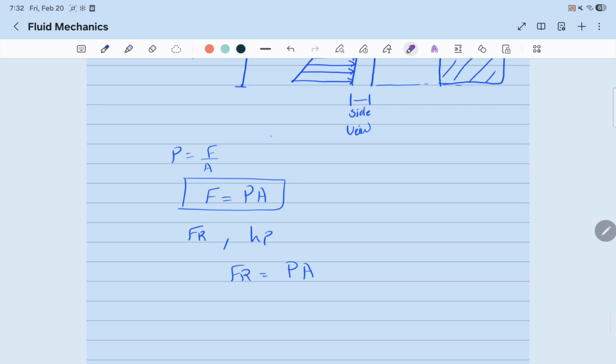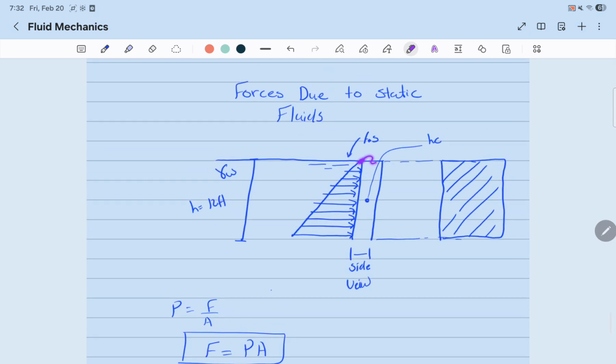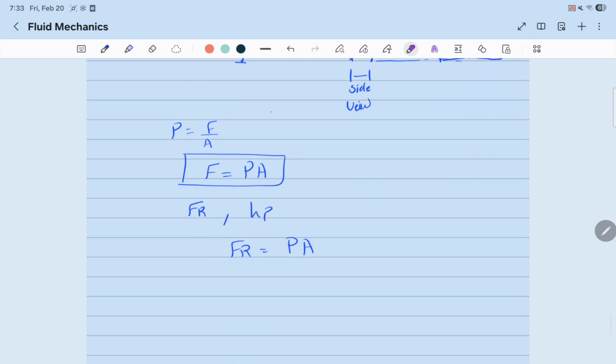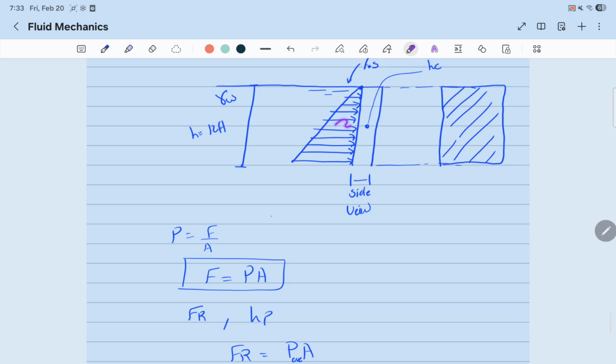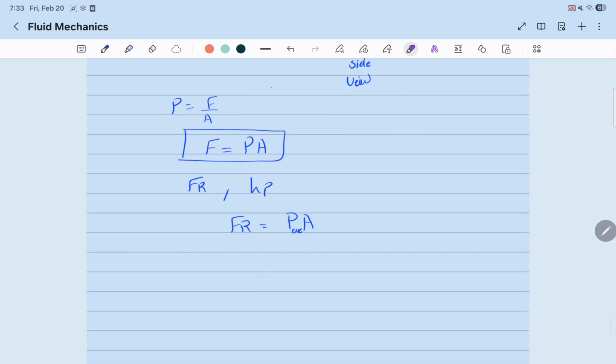Whereas the pressure varies from the top to the bottom, from H equals 0 to H equals 12 feet. Therefore, we'll take the average pressure, which is happening at the centroid, which is 12 feet, H over 2.